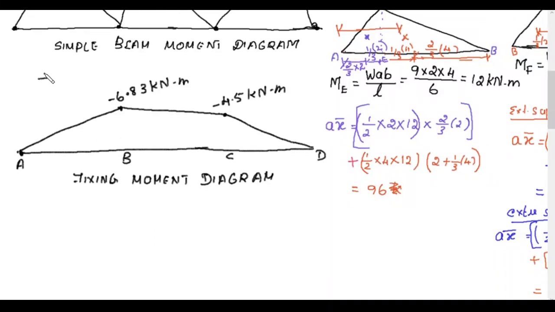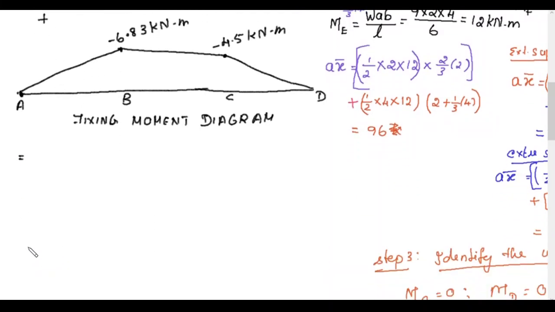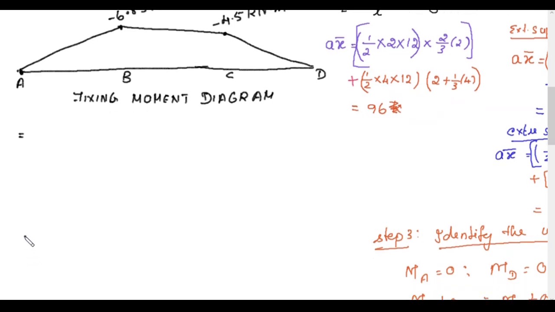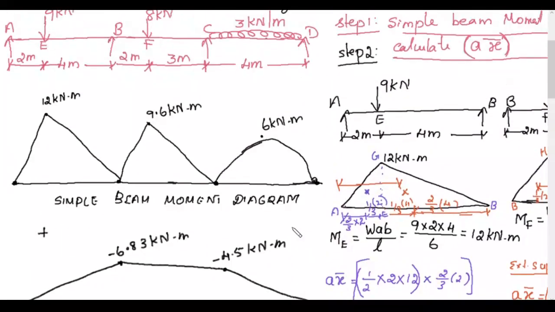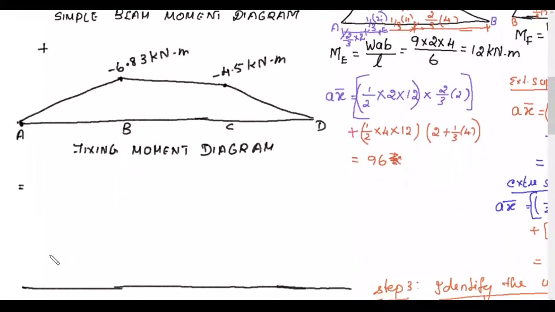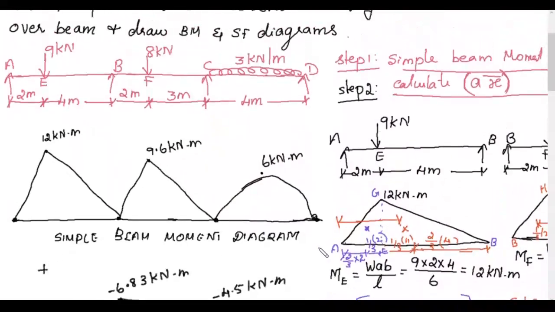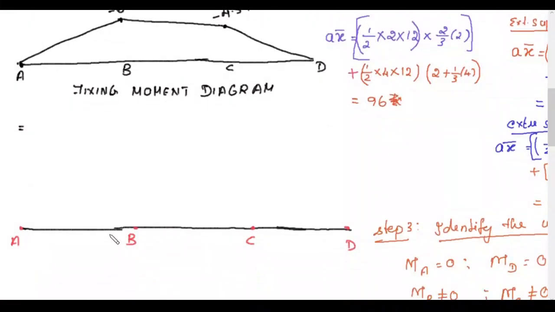Now we will combine both diagrams and draw the bending moment diagram. So we add these both, we get our bending moment diagram for the given beam ABCD. First of all we will draw this 12 kilonewton meter, 9.6 kilonewton meter. So this is A, B, C and D. The values are 12, 9.6, 6, right?